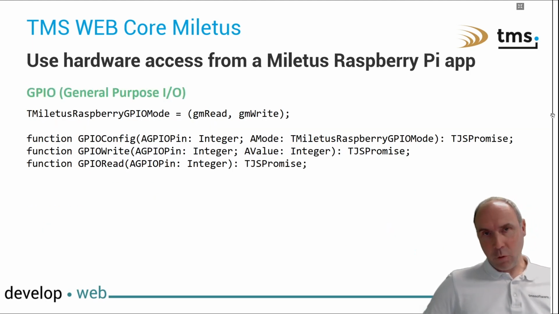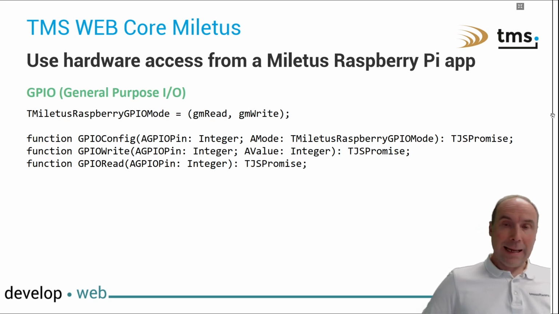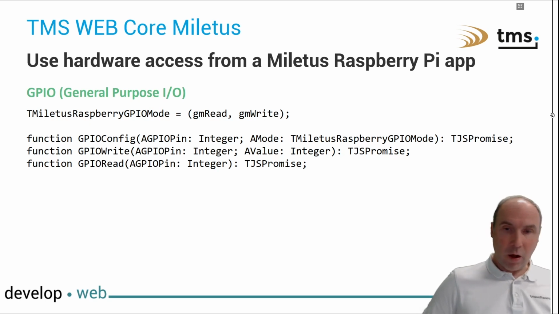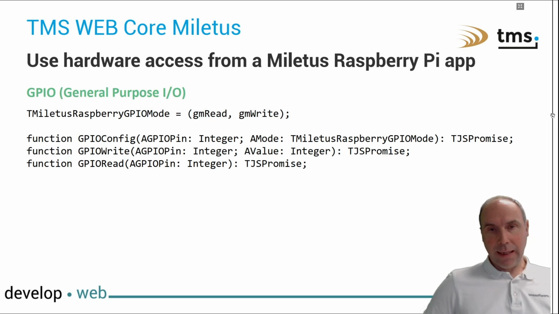And finally, we have the GPIO pins, which stands for General Purpose Input Output. That means that on the Raspberry Pi, you can configure each of these GPIO pins as an output to set a signal to on or off, or as an input, so you can read the state of some electronic signal via this pin.